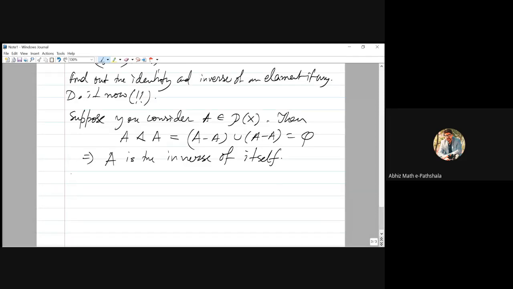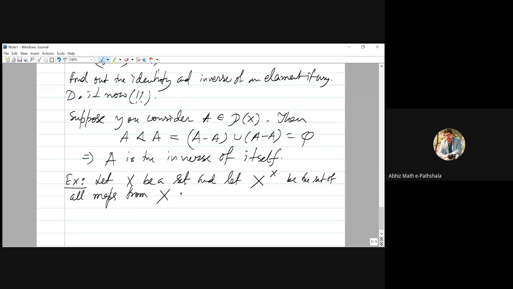Now I want to give you another exercise. You will find it is going to be interesting. Suppose let X be a set and let X to the power X be the set of all maps from X into itself.